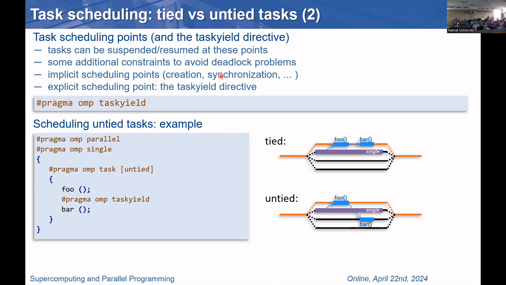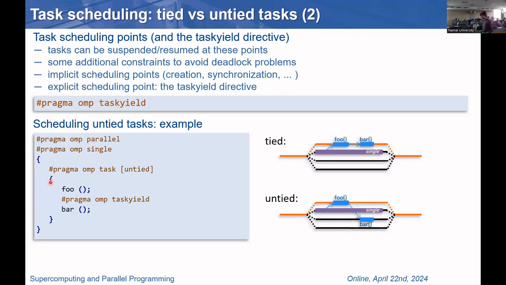Synchronization, getting a lock, entering or leaving a critical section is also a task scheduling point. And we have one explicit scheduling point with this special directive, the taskyield directive, omp taskyield. So we can see an example here.